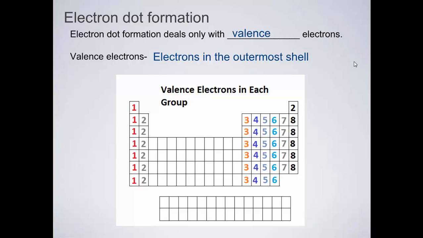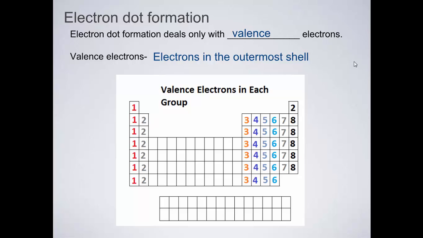And if you notice in your periodic table, everything in group 1, how many electrons in the outer shell? Potassium, sodium, rubidium, they all have 1 in their outermost shell. How about in group 2? They have 2 in their outer shell. Look all the way over to group 13. They all have 3.